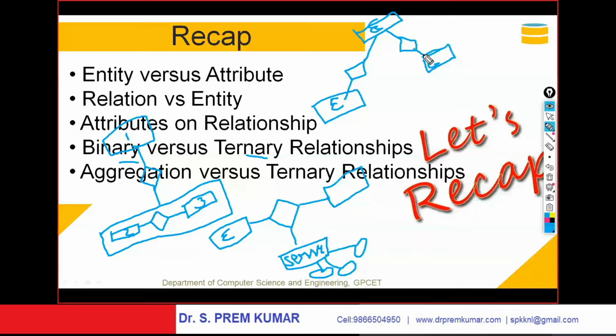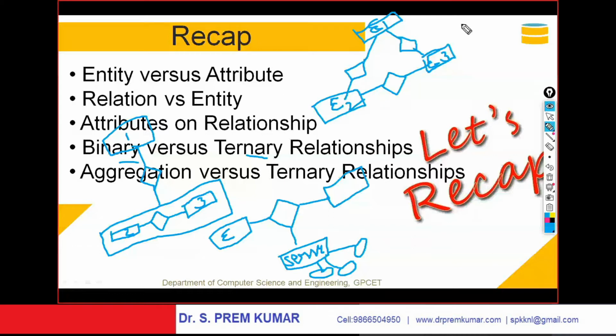You observe here more relations. In this diagram, you are drawing more relations. Entity 1 got related to entity 2. This is one relation. Entity 1 got related to entity 3. This is another relation. Entity 2 and 3 got related. You observe here one relation, second relation, third relation.